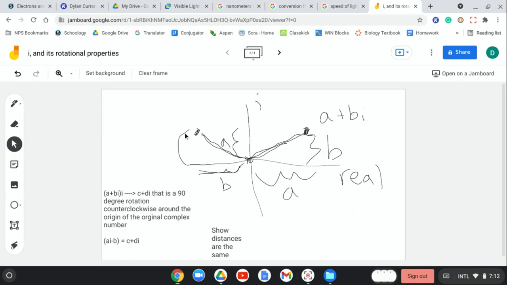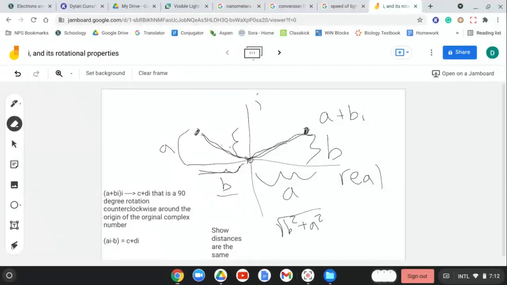For this point right here, the distance is going to be the square root, and we're not going to say plus or minus because distances can only be positive. So it's the square root of b squared plus a squared. Although a squared looks like it's representing the hypotenuse here, it's actually representing the vertical distance. So I should probably draw that a little better. This is what a represents. So the hypotenuse is the square root of a squared plus b squared.